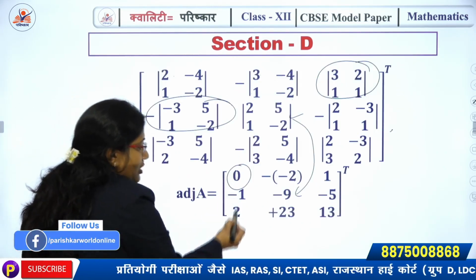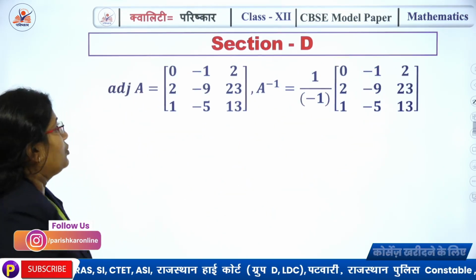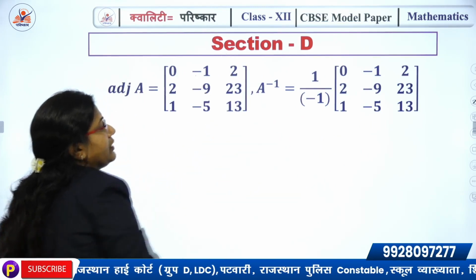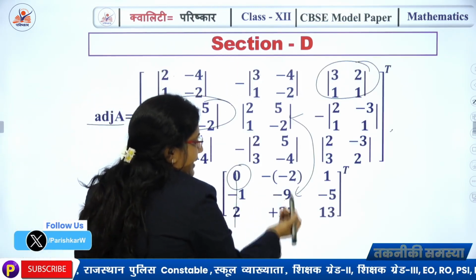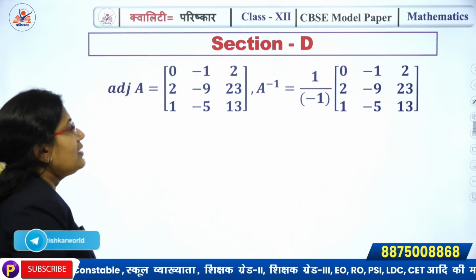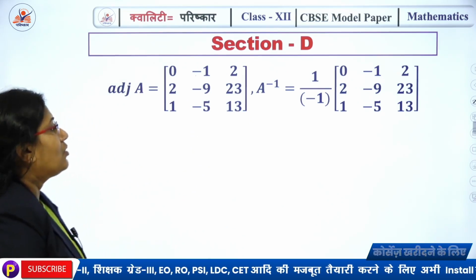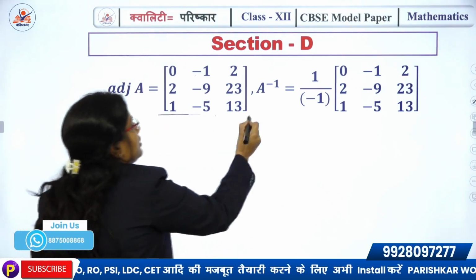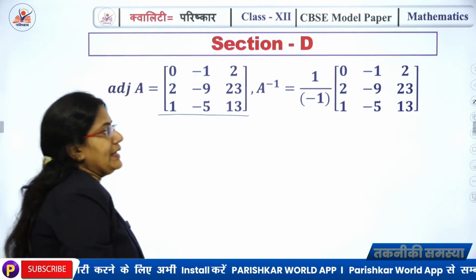Here the first column is 0, minus 1 and 2. Make this column a row: 0, minus 1 and 2. Again, the second column is 2, minus 9 and 23. Make this a row: 2, minus 9 and 23. Likewise the third column is converted into the third row. Okay students, so this is the value of adjoint A.